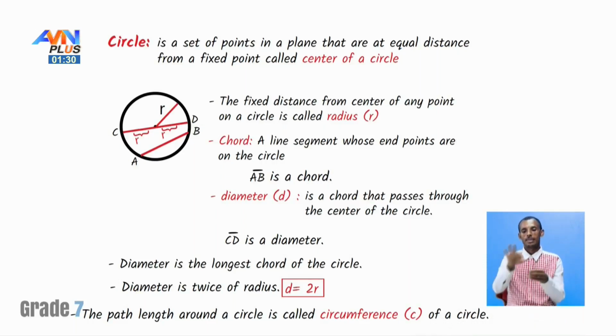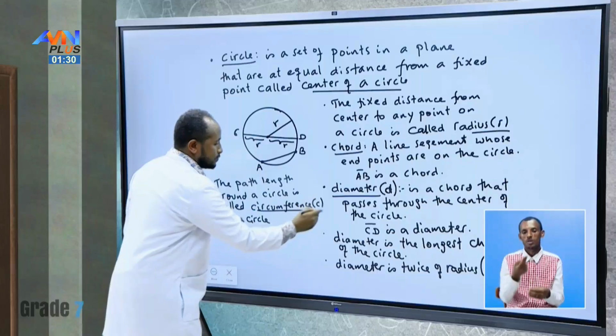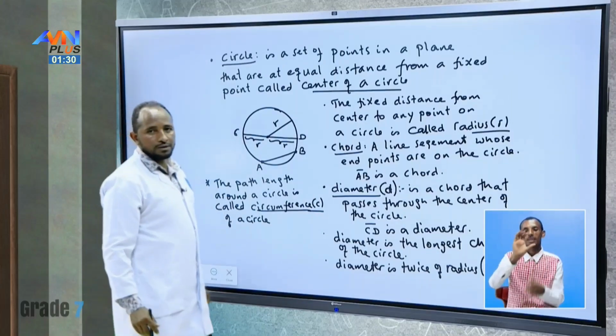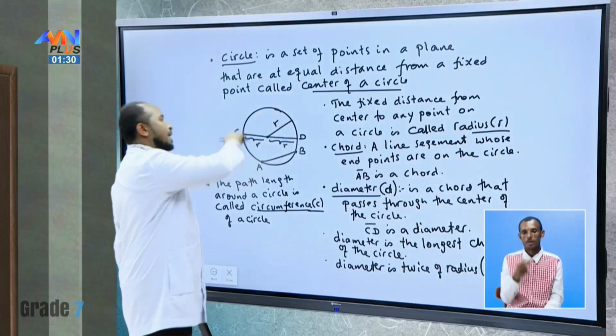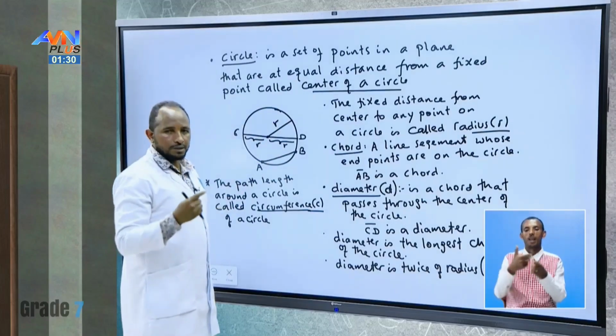So we can use letter C to symbolically denote the circumference. So as we said, circumference is the path length around a circle.